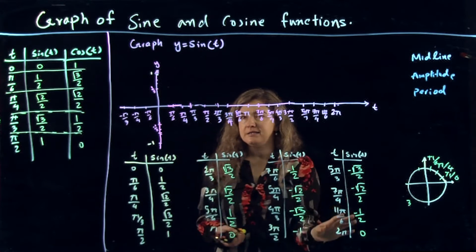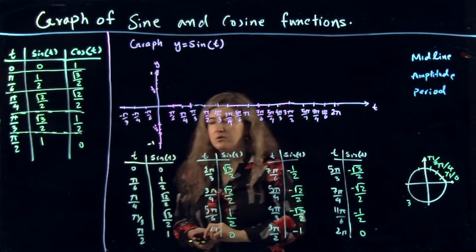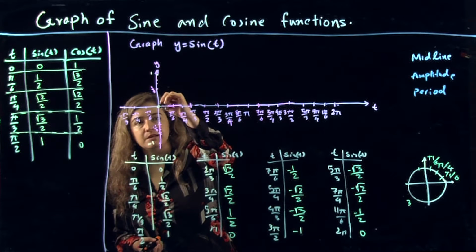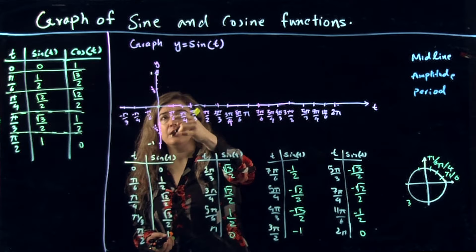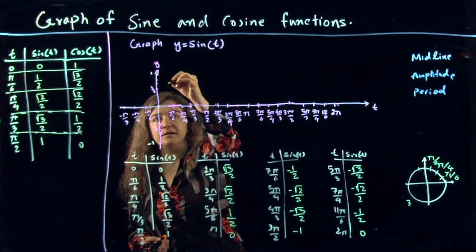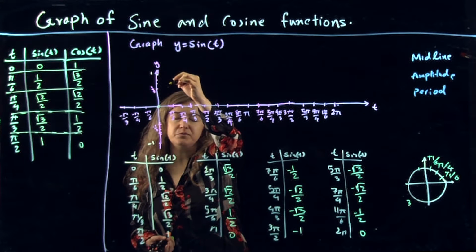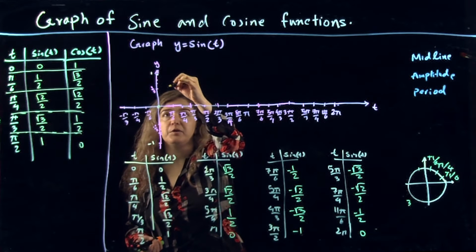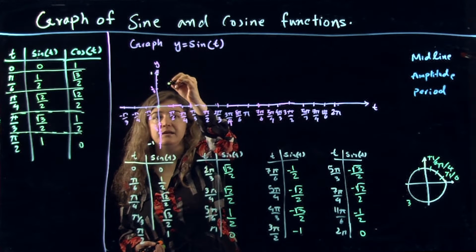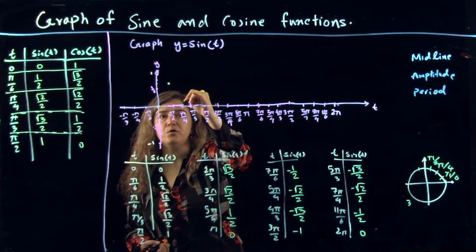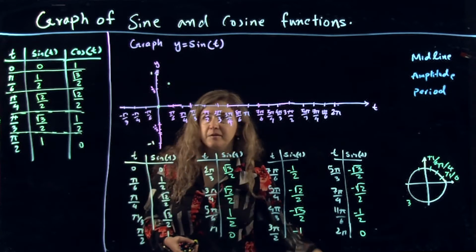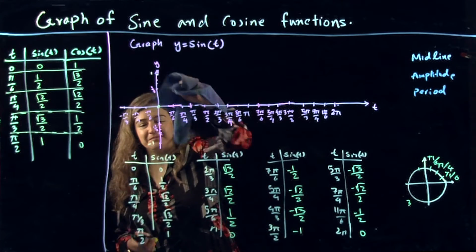So let's plot all these points first. For 0, I get 0. For pi/6, I'm getting 1/2 right here.